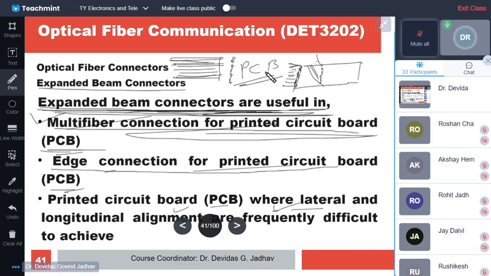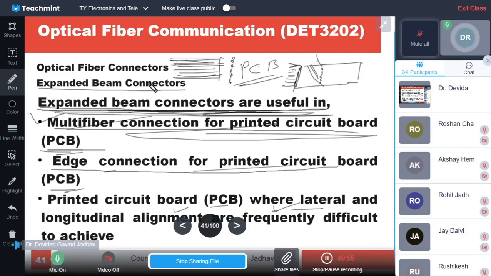And whenever the PCB is fixed, fibers are again connected to the connector. So this type of operation is there. So multi-fiber connection in the PCB, edge connection in the PCB, and printed circuit board where the lateral and longitudinal alignments are frequently difficult to achieve. In those situations the expanded beam connectors are very much useful.